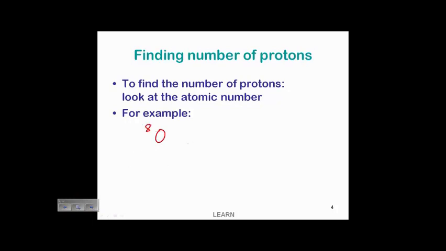It is 8. That means that we have 8 protons. It also means that we have 8 electrons in its default state. So I'll write that down too: 8 electrons.